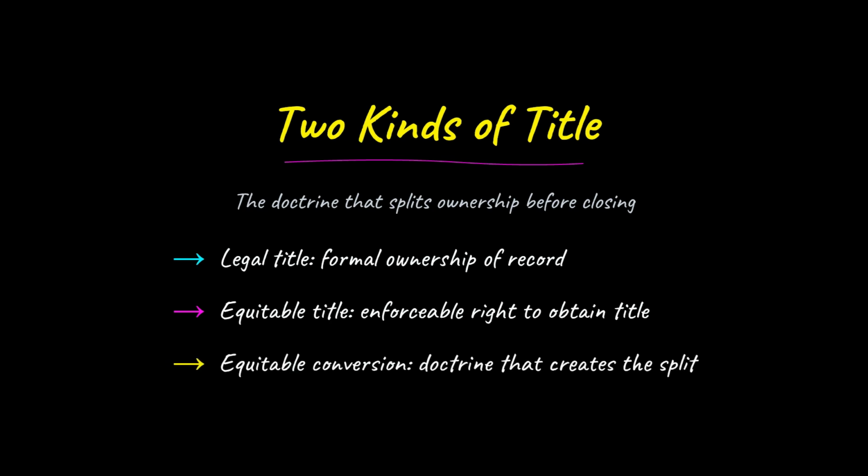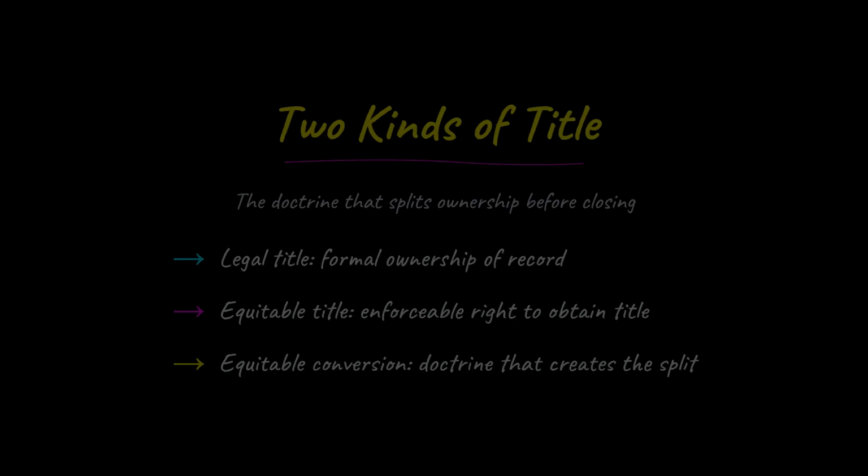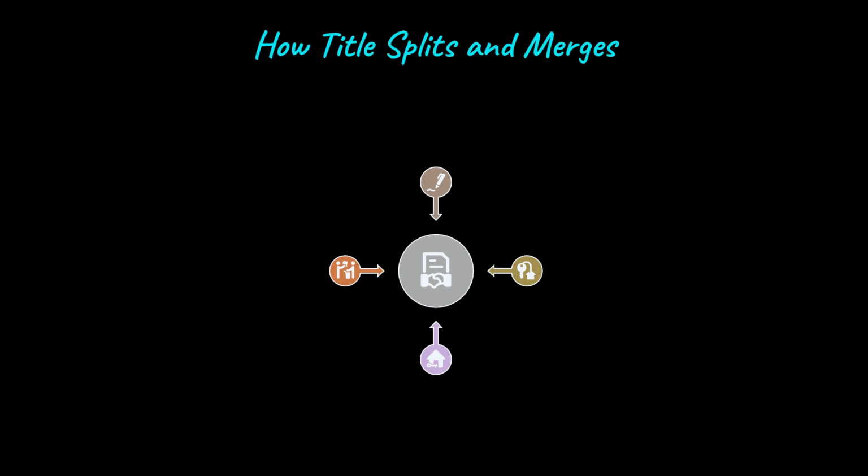This split is created by the doctrine of equitable conversion. Picture this single bundle of ownership rights dividing the moment a valid contract is signed. The seller retains legal title, the buyer gains equitable title, and at closing, when the deed is delivered, the two interests merge back together in the buyer.